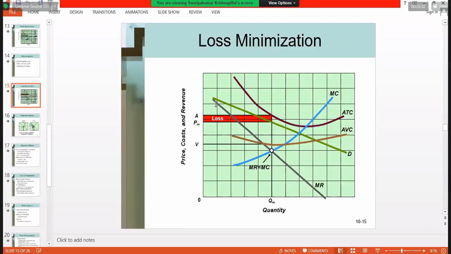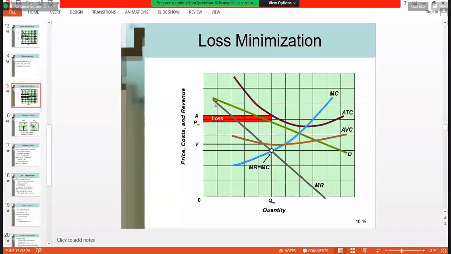If he did not produce in the short run, his loss would equal the fixed cost, which is greater than the loss from producing the output now, because fixed cost is the difference between average total cost and average variable cost. So even in the short run, even with a loss, he will produce to avoid the higher loss.